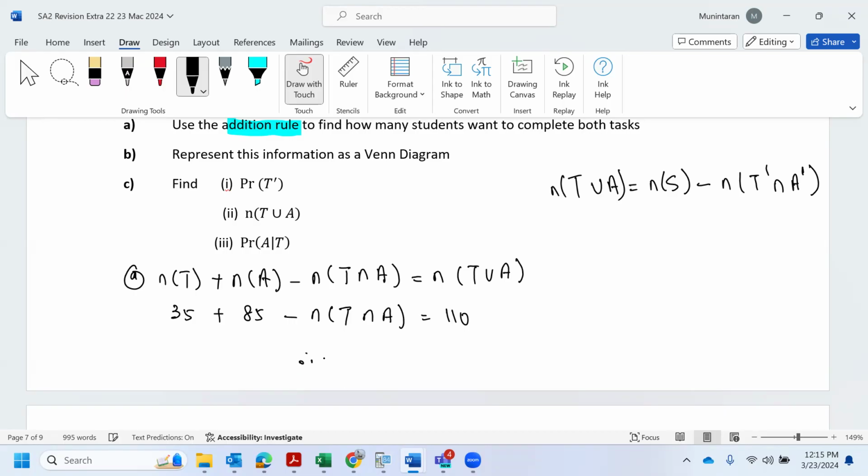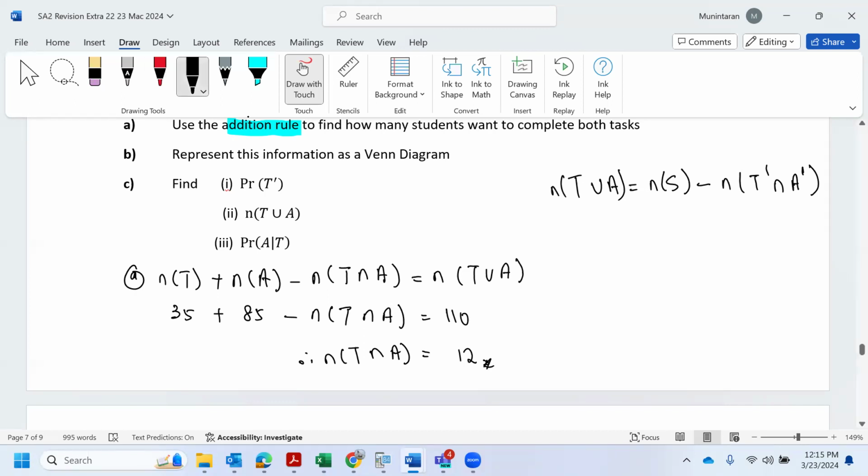So you can get the number who want to do both, you should be getting 12.